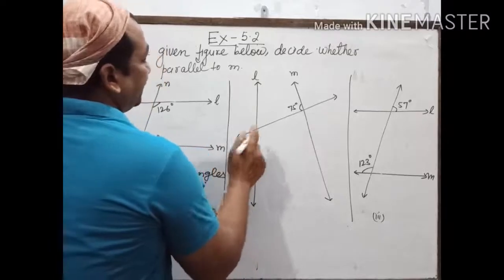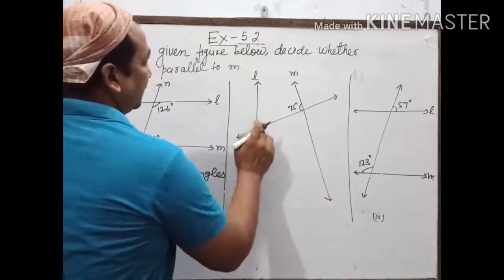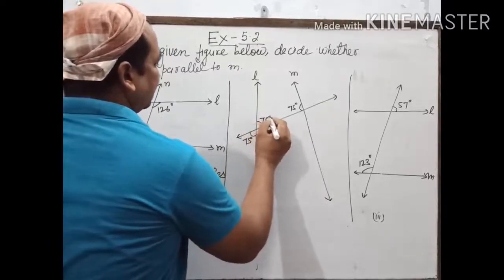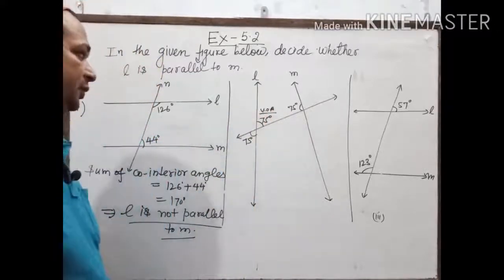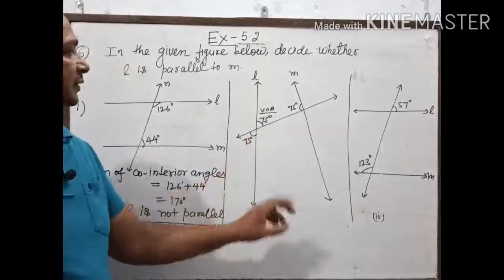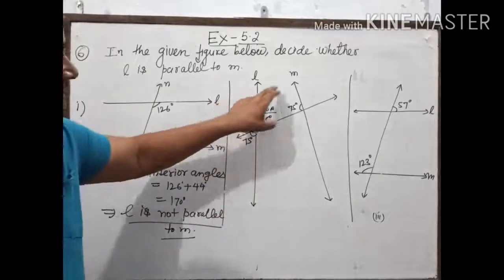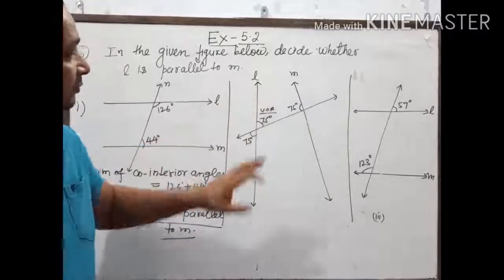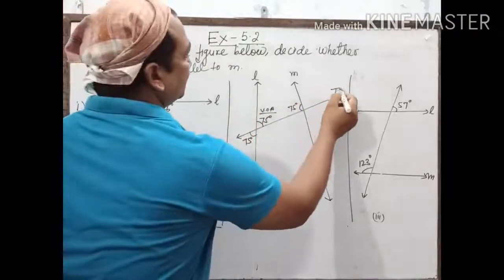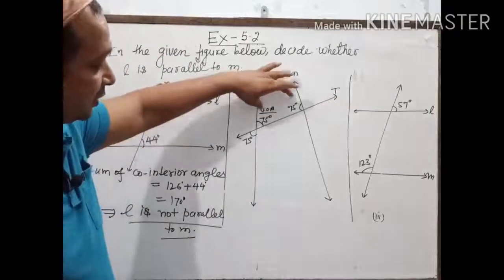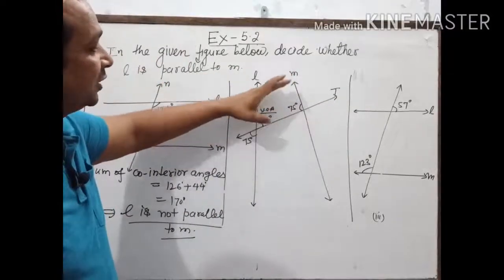Then we shift 75 from here to here, 75 by the vertically opposite angle concept. This is 75. Now the intersected lines are L and M, and this angle is co-interior because this is the transversal and these two angles are on the same side of the transversal.